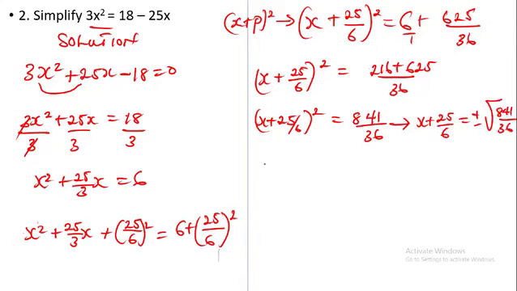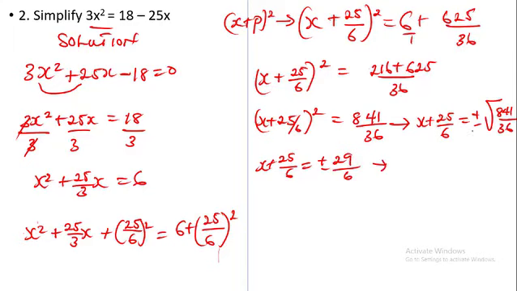Okay, so we have x + 25/6 equal to plus or minus the square root of 841, which is 29, and the square root of 36 is 6.